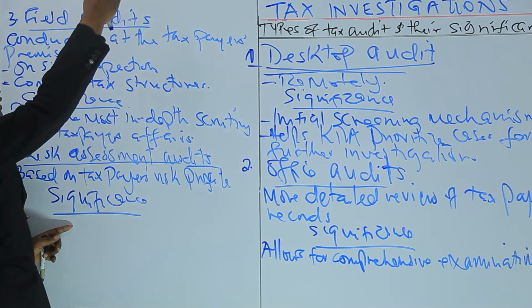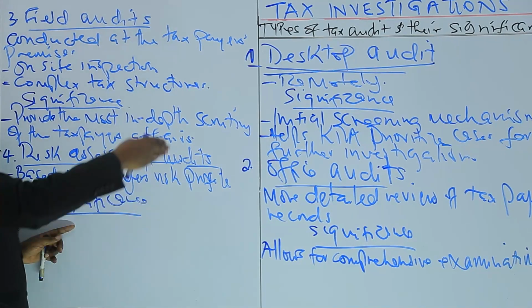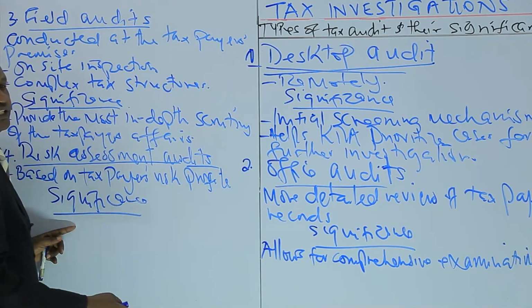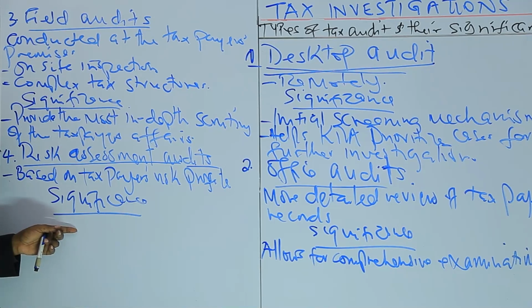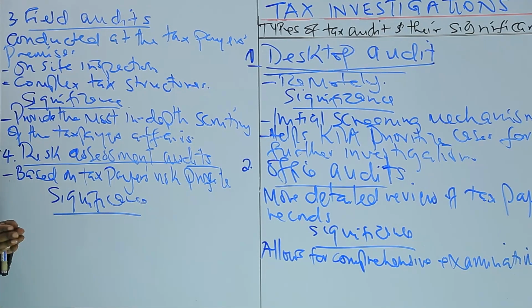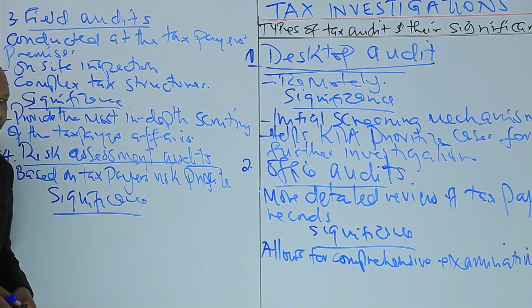So it has a list of companies with a higher likelihood of non-compliance, so there will be a priority list. All right? And the significance is that this kind of audit enables KRA to focus its resources on taxpayers with the higher risk of non-compliance. That's the significance of risk assessment audit.